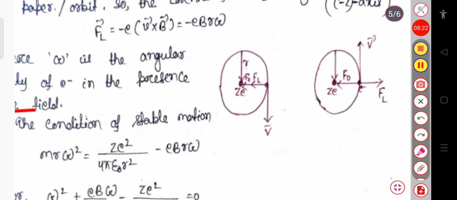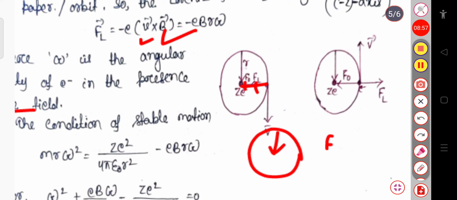Suppose this is the centripetal force, and this centripetal force will be balanced by the Coulomb force, F C, as well as the Lorentz force due to the magnetic field and the velocity of the electron. They all act towards the center.